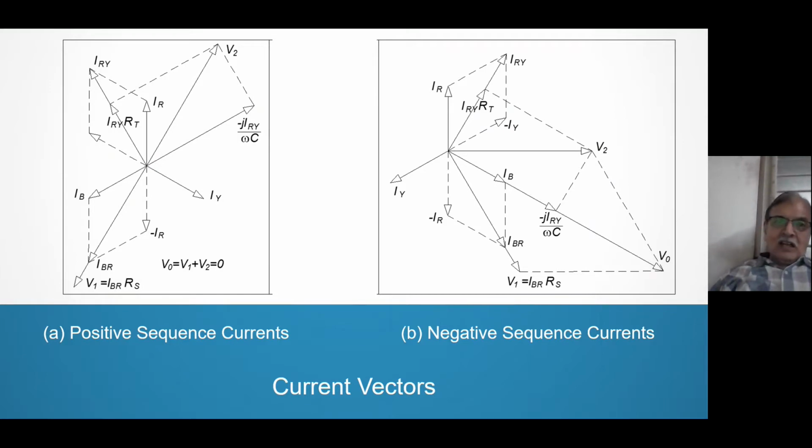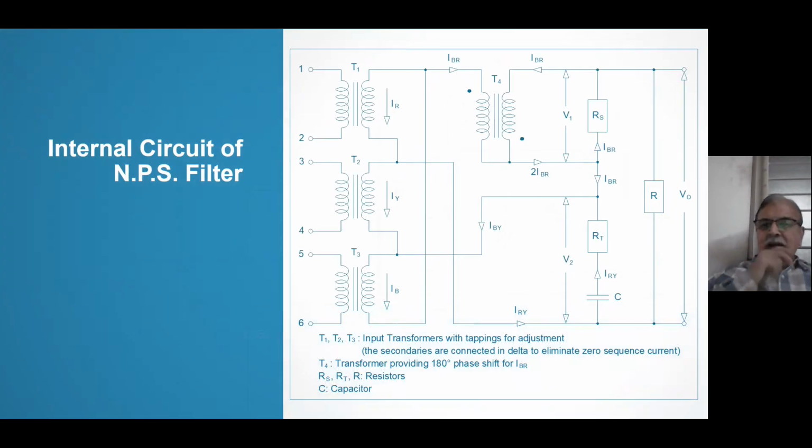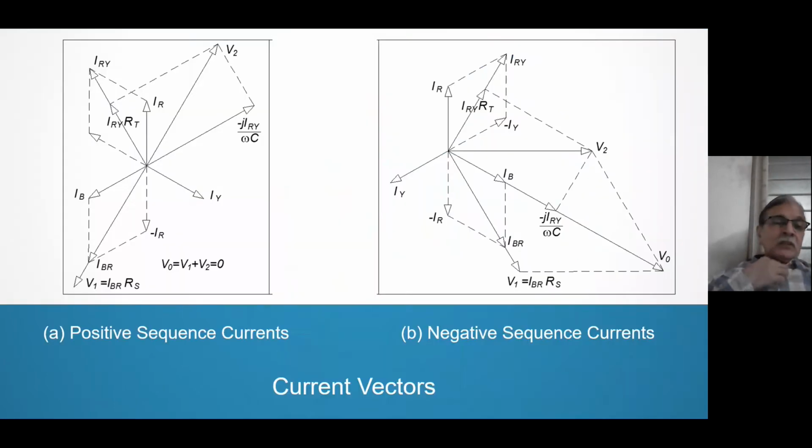And the capacitor voltage is IRY upon omega C, that is IRY XC, with the factor minus jXC, because the capacitive voltage will lead the current by 90 degrees. So it is leading IRY by 90 degrees and its value is root 3 by 2. So this is root 3 by 2 and this is half.